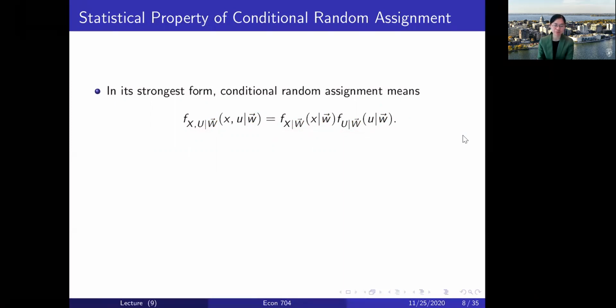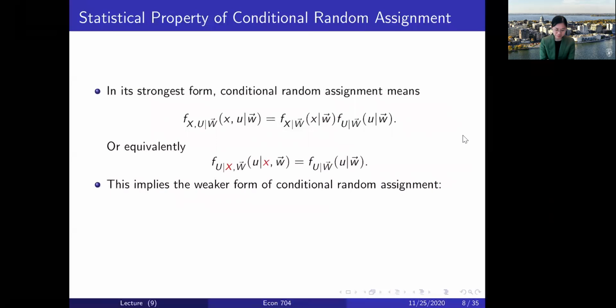So given W, among population with the same value of W, say among majorities, X and U are not dependent. Okay. So that is the strong form of conditional random assignment.